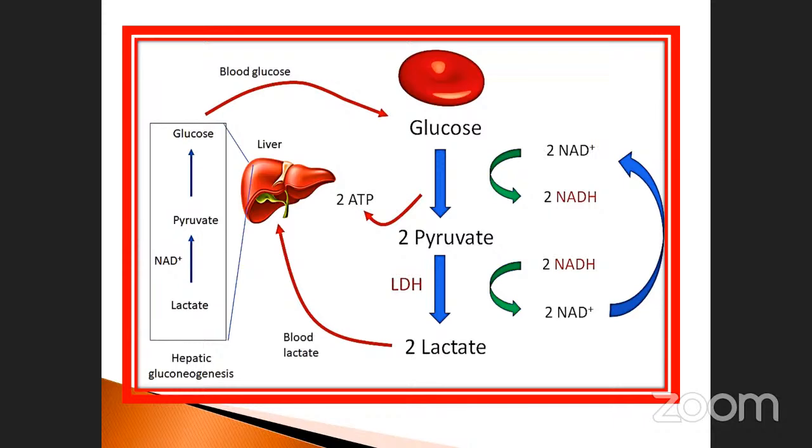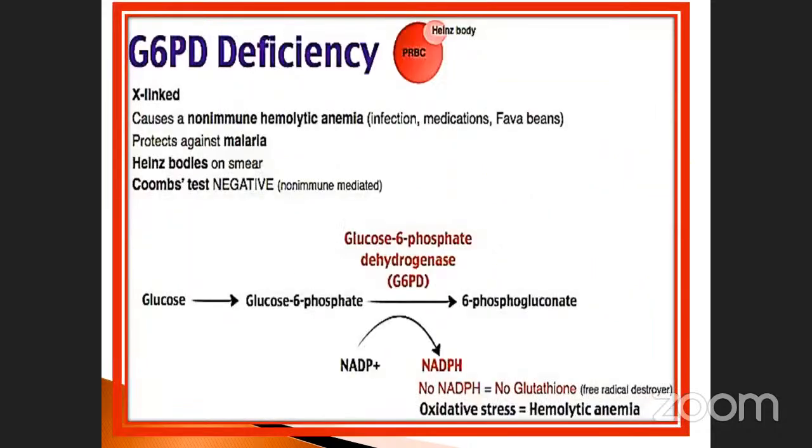What happened in the next one? See here: glucose 6 phosphate deficiency disease. It is X-linked, as we already told, and causes a non-immune hemolytic anemia. Triggers include infection, medication, and fava beans. We may call these triggering agents.